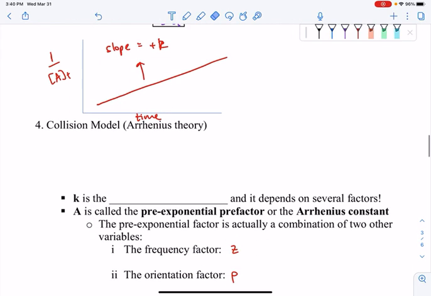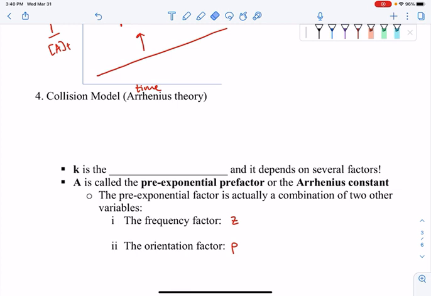Okay? So now let's talk about the Arrhenius theory. Let's zoom in a little bit and really try and think about what is happening that affects these rates. We have an equation called the Arrhenius equation. The rate constant is equal to A e to the negative Ea over RT.